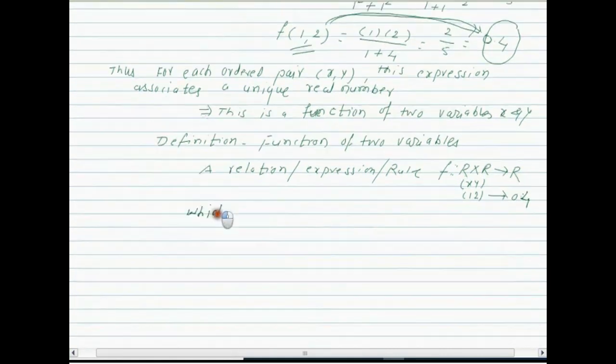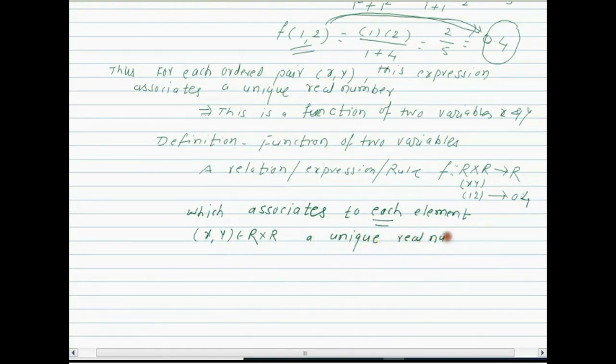So any relation which associates, or assigns, to each element of R cross R, this word is important, to each element (x, y) of R cross R, a unique real number, say z.